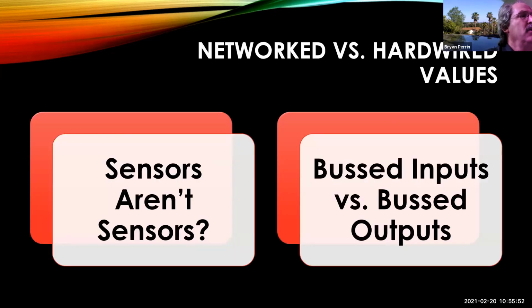So sensors aren't sensors. Just because I have a sensor PID doesn't mean there's a sensor connected to the computer. Maybe that PID is coming from another computer through the data bus. Just like my controls, outputs. Is this an output from the module, or is it a bus output where I'm actually asking another module?